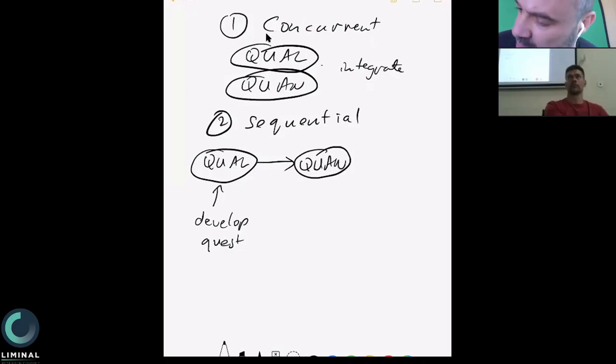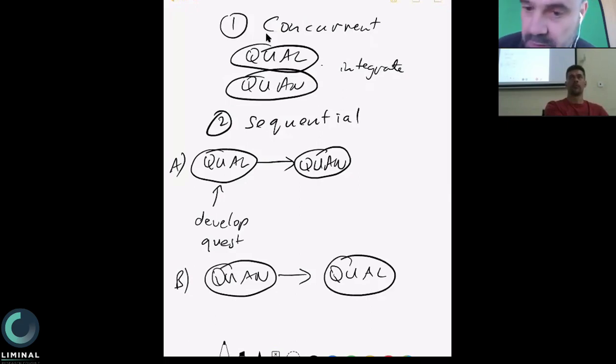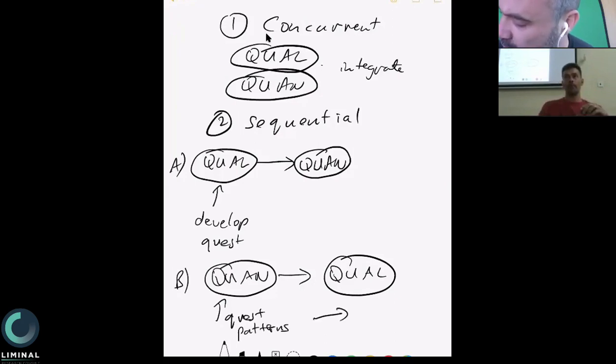And then this is A and B. You have the quant informing the qual. So here you have your questionnaire already, and you look at patterns, and then you talk about the patterns in the interviews. You're fine with this? Yes. Does that make sense? Yeah. Good. Thank you.